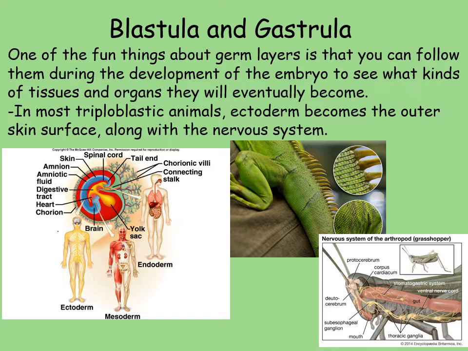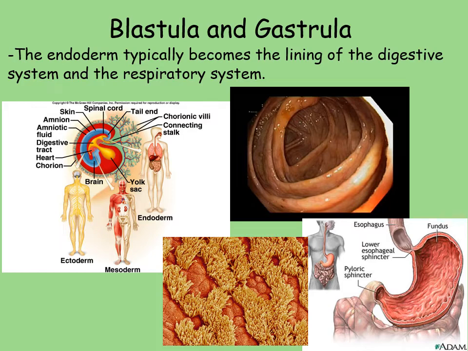So you can see here on this diagram on the left, the ectoderm develops into the skin along with the nervous system. The endoderm typically becomes the lining of the digestive system, which makes sense because the endoderm was the embryonic layer surrounding the embryonic gut, or the archenteron.